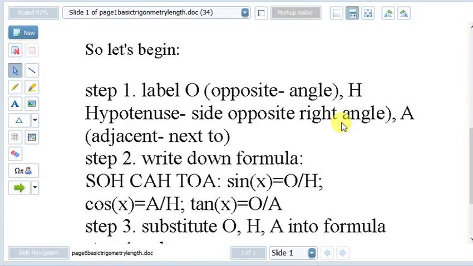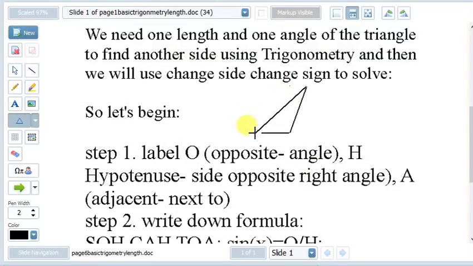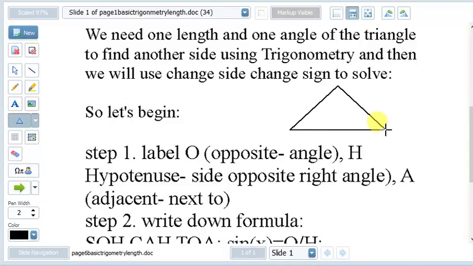Step 1, we label the triangle: opposite, hypotenuse and adjacent. I'll just draw out a quick triangle here and we will have a go at doing that. Easier said than done, of course. Okay, so there is our triangle, and first of all I will label my right angle.